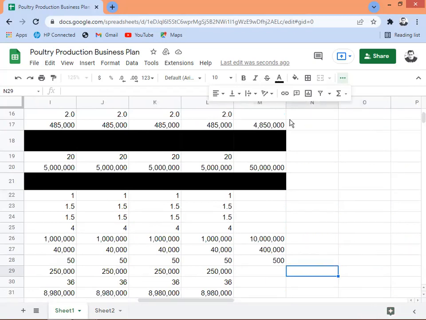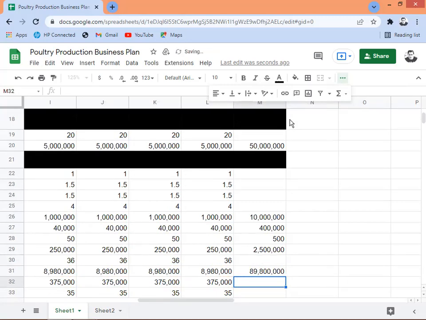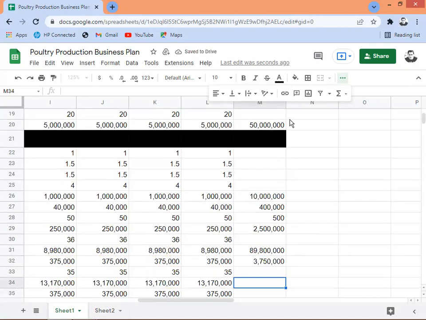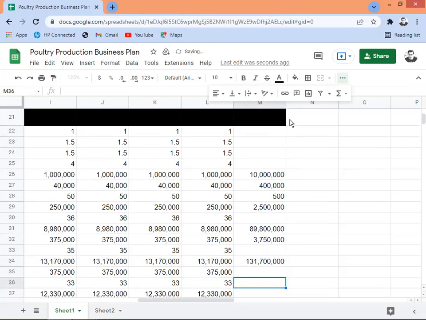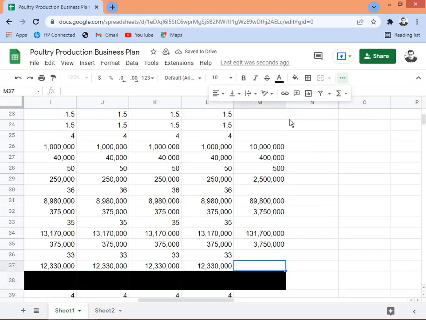So 500 total truckload. The 250,000 is the total feed. Starter feed, and this is the price of the starter feed, and this is the cost of the starter feed. And this is the total volume of the grower feed, the price of grower feed, and the total cost of the grower feed, the volume of the finisher feed, the price of the finisher feed, and the total cost of the finisher feed.